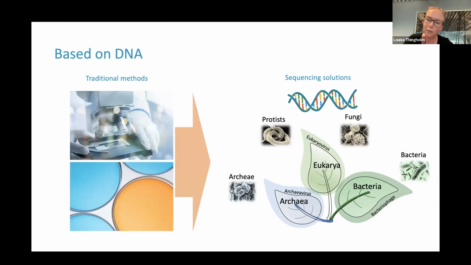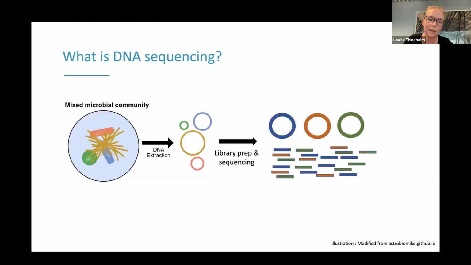Using the sequencing platform, we take these complex microbiome communities directly and extract the DNA. Then we do some library preparation and put it on the sequencing machine, where we identify the DNA sequences of the different microorganisms in the sample. So that's the overall idea.